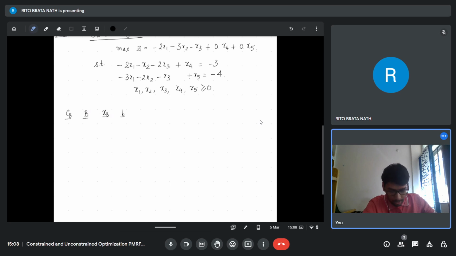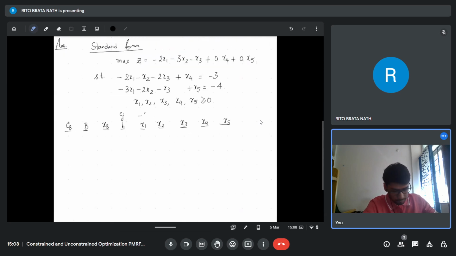This is B, and then you have x1, x2, x3, x4, and x5. The Cj values you can also write on the top, and the Cj values will be minus 2, minus 3, minus 1, 0, 0.